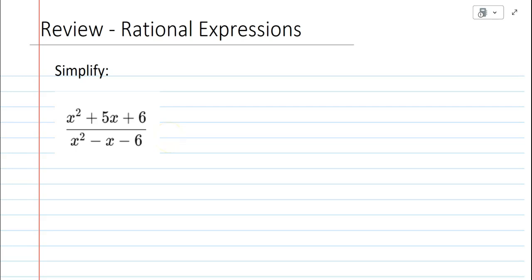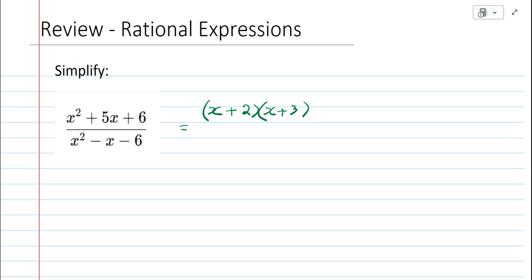The first thing that we need to do is to factor everything that we can. So we have to factor the numerator and we have to factor the denominator. To factor, this is straightforward. Two numbers you multiply, you get 6, you add, you get 5. So you get 2 and 3, and each bracket will have an x.